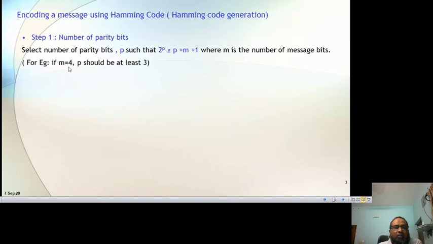So for m equal to 4, p should be at least 3. Like that we can fix the number of parity bits.